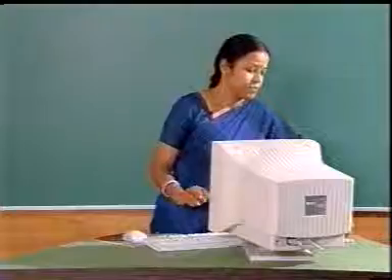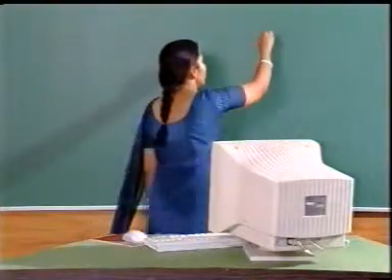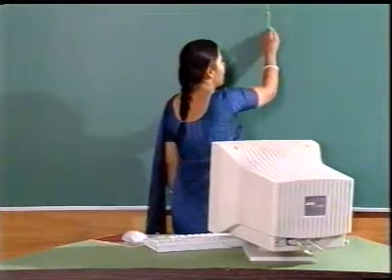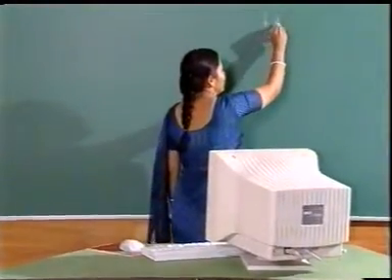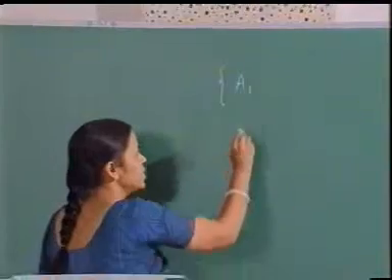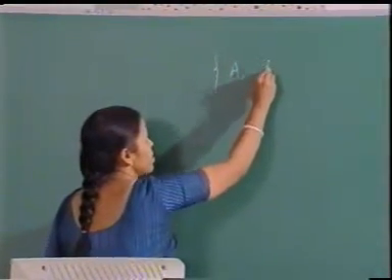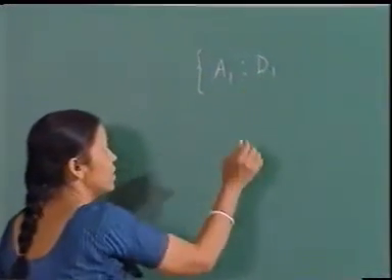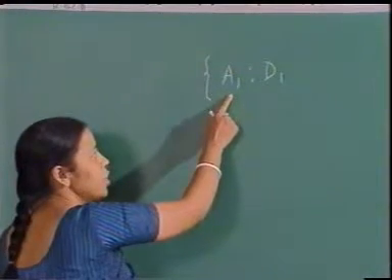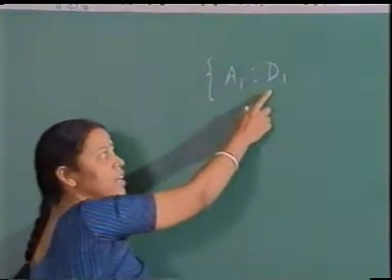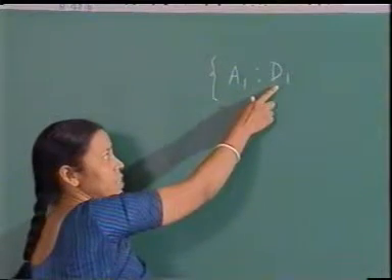That means we can describe it like this: A1 is the first attribute and it has the domain D1. That means this is your first attribute and this is the domain of this first attribute.